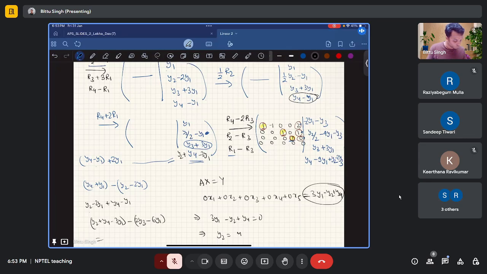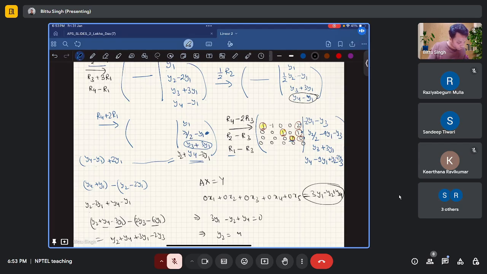If you do this, you will get y2, then y4, then minus 3y1 plus 6y1, which is 3y1, then minus 2y3.